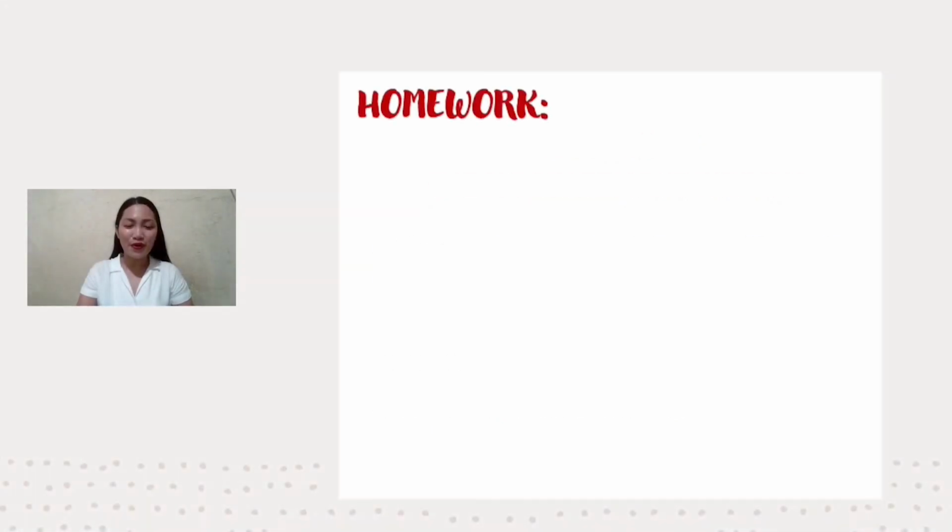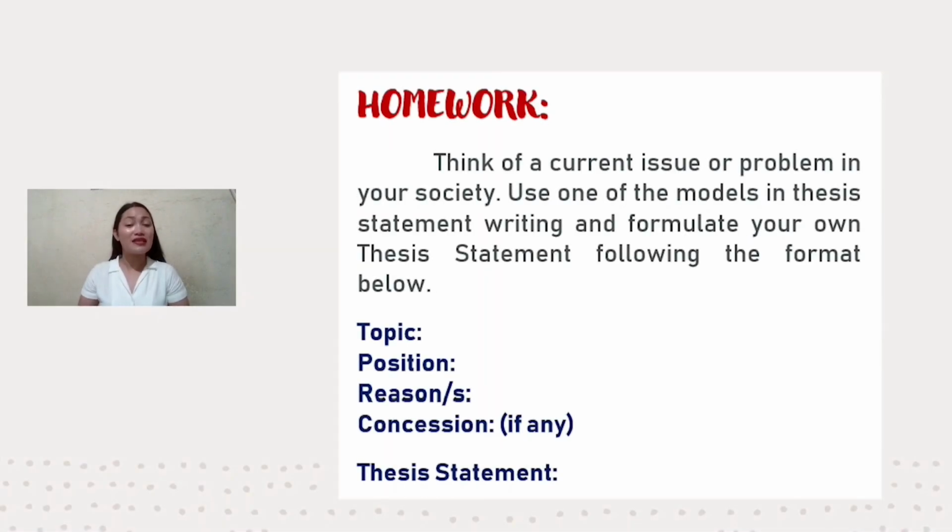So for your homework, think of a current issue or problem in your society. Use one of the models in thesis statement writing and formulate your own thesis statement following the format below. Okay, so this is the format: topic, position, reasons, and concession if any.